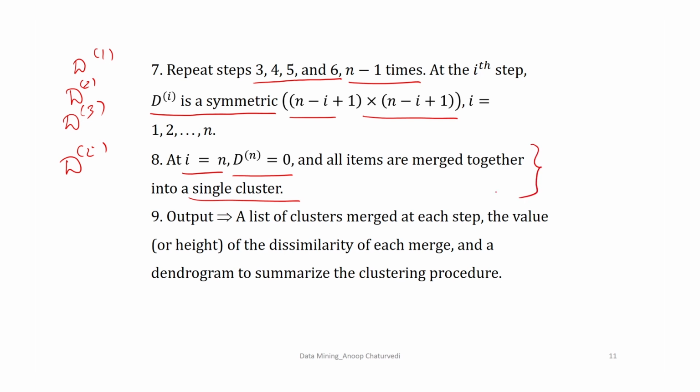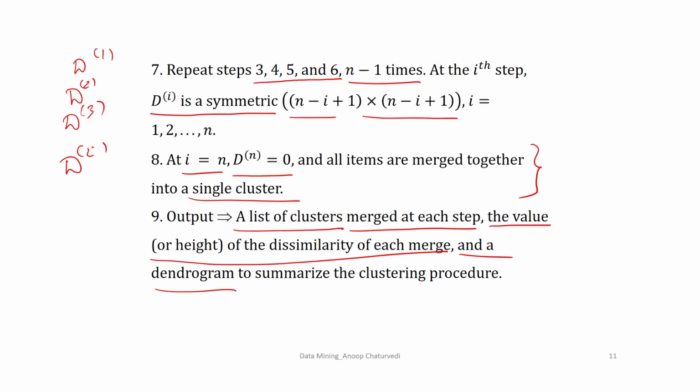All the items are merged together into a single cluster, and then ultimately your output is a list of clusters merged at each step, the value or the height of the dissimilarity of each merge, and a dendrogram to summarize the clustering procedure.